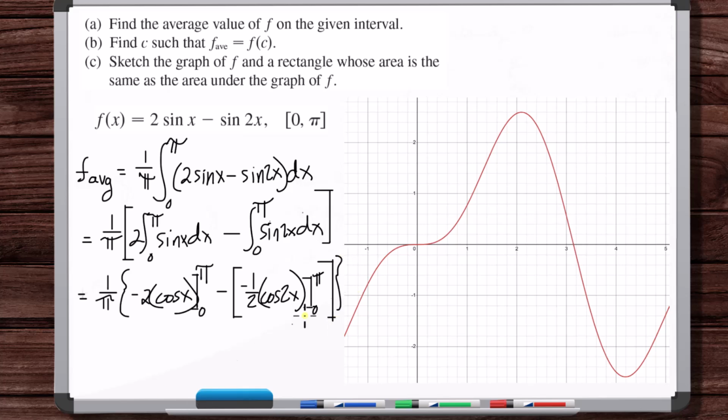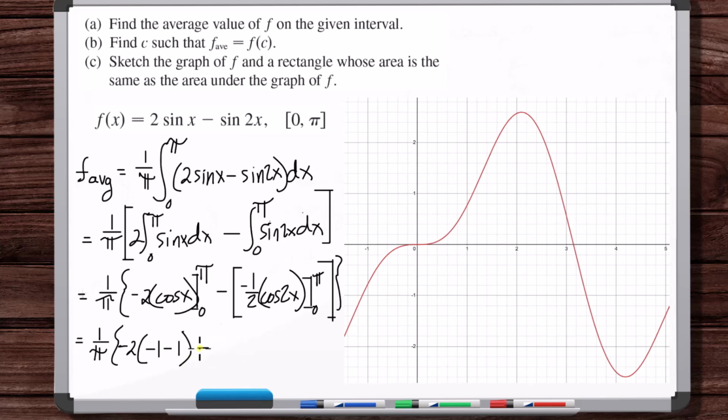And then, okay, like that. So we've got 1 over pi times minus 2. Okay, cosine of pi is minus 1 minus cosine of 0 is 1.